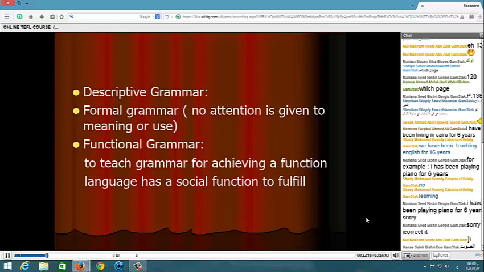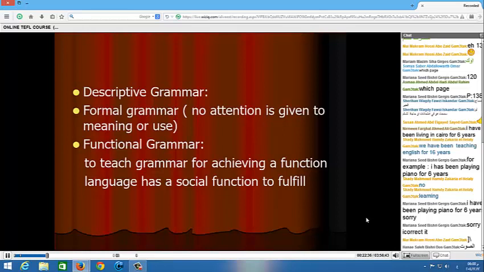Because language, as we said before, has a social function. It is a means of communication among members of the same language community. If we are to teach any aspect of the language, we must teach it with this purpose in our minds. That's to teach it for the purpose of communication.